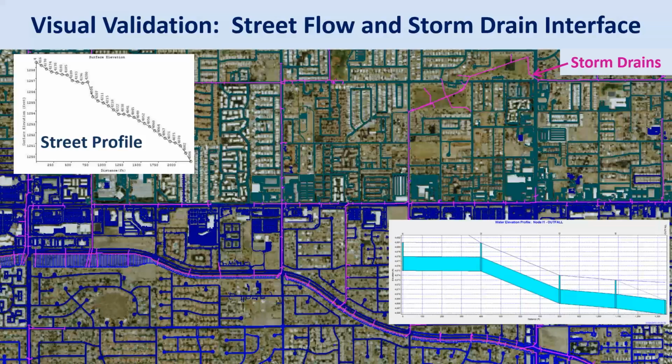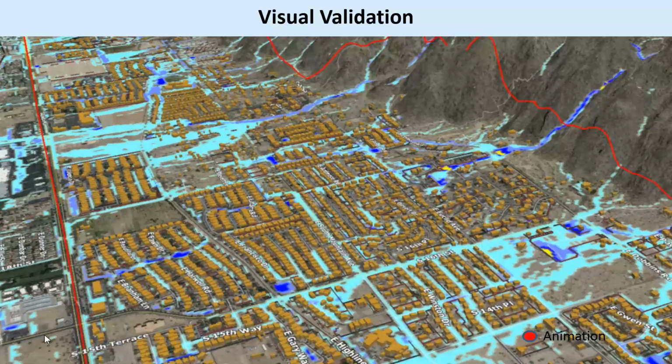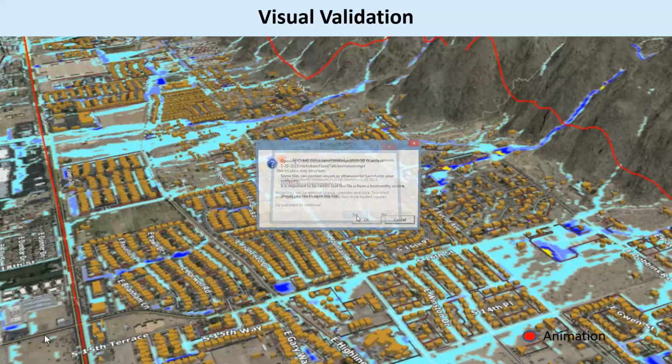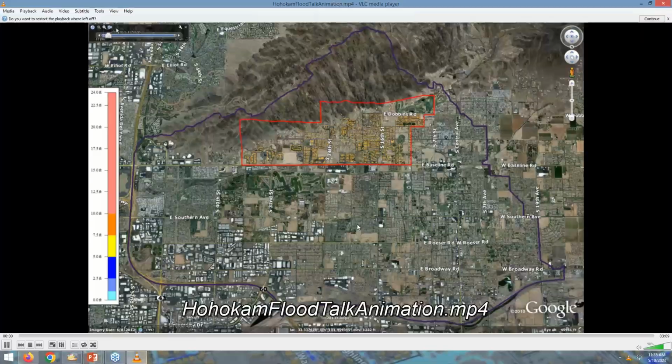So here we're looking at a two-dimensional model that has channels, storm drain, buildings, streets, etc. And again, this visual validation of the model is excellent. You can get good graphics out of most of these models that are out there. I'll show you a little bit of graphics here.